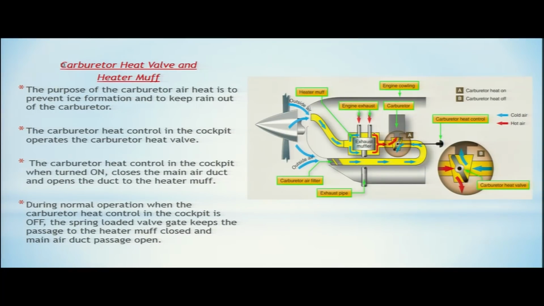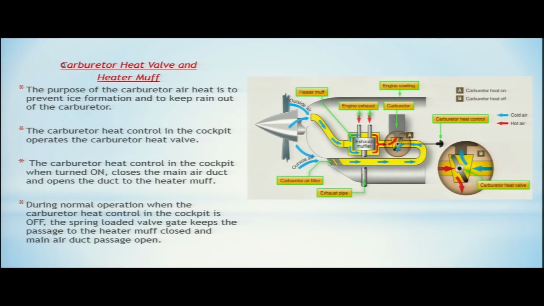So this warm air is coming from this side, and when this carburetor heat control is turned on, it closes the passage to the main air duct and opens the passage of the warm air to the carburetor. So this warm air prevents ice formation in the carburetor.